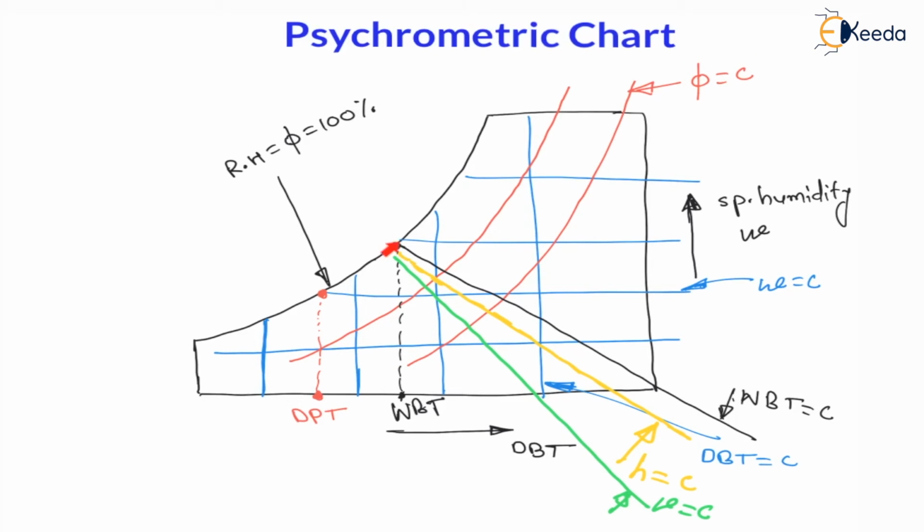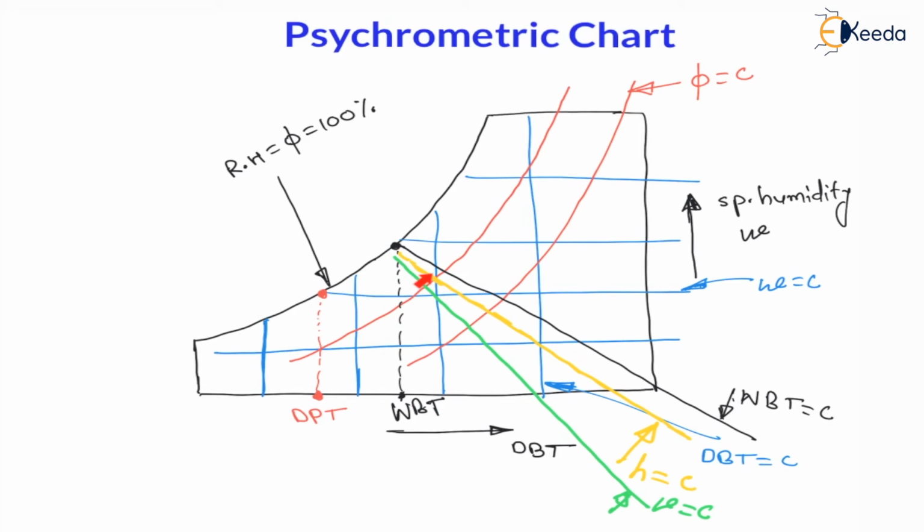Then, inclined lines sloping downward to the right are called constant wet bulb temperature lines. That means whenever this inclined line touches relative humidity equal to 100%, then the corresponding temperature is called wet bulb temperature.